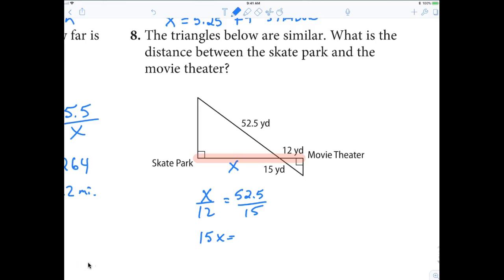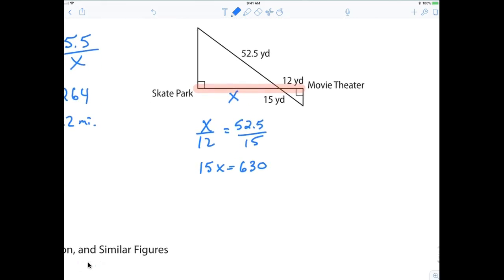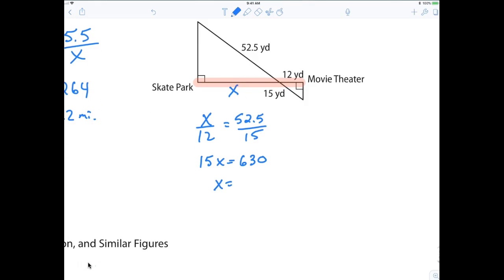What's 12 times 52.5? 630, right? And so x is equal to what? 42.